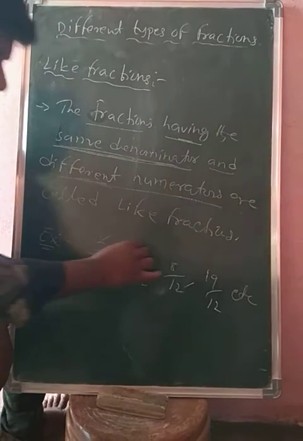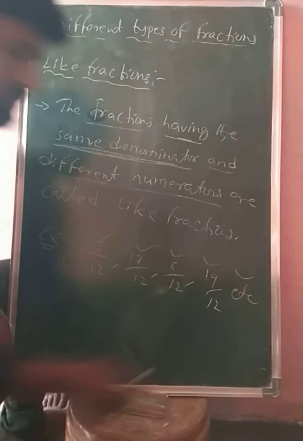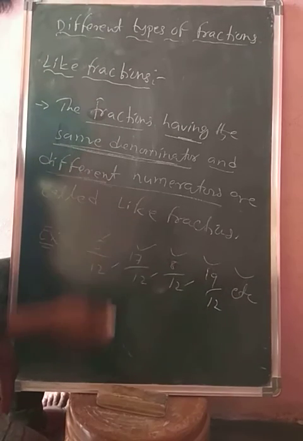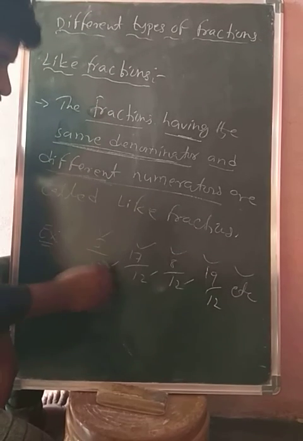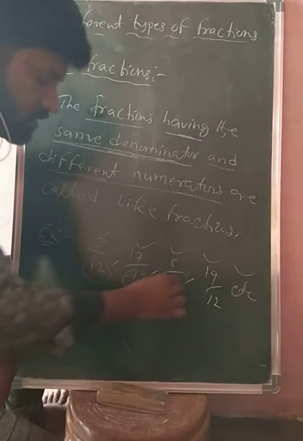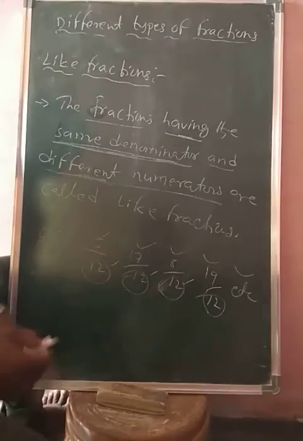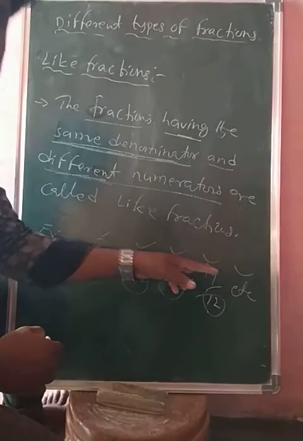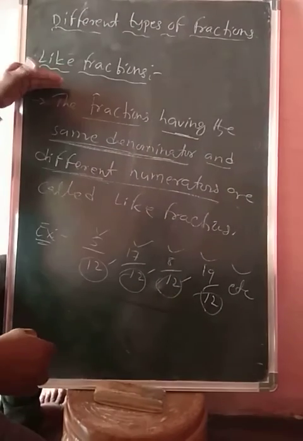Clearly the numerators are different: 5, 17, 8, 19. Numerators are different, but denominators are the same. So the fractions having the same denominators and different numerators are called like fractions.